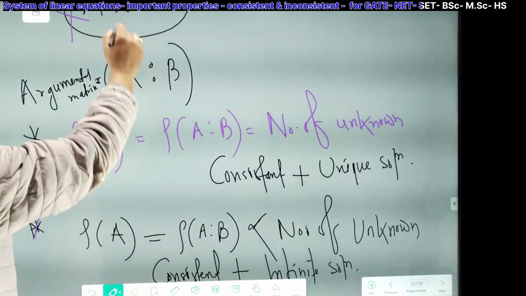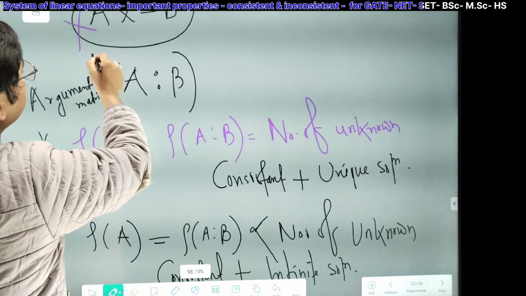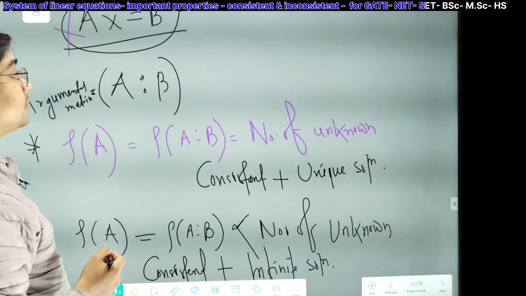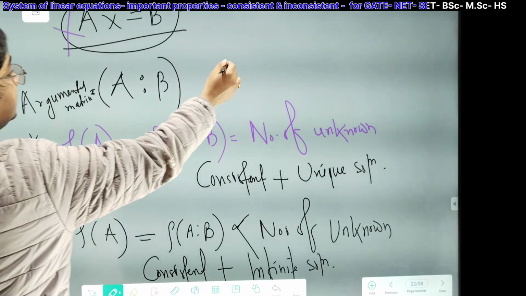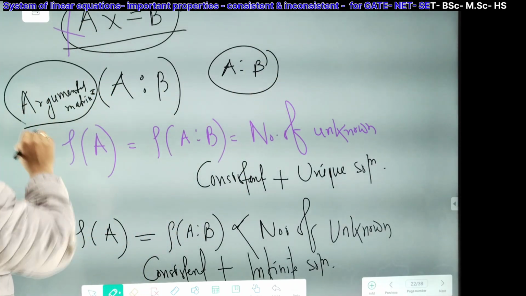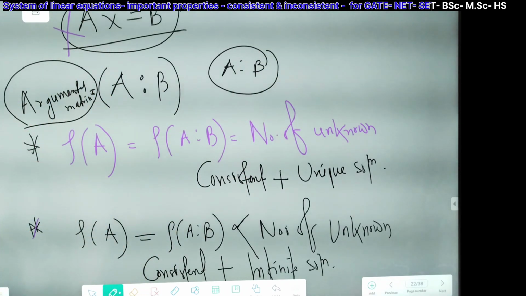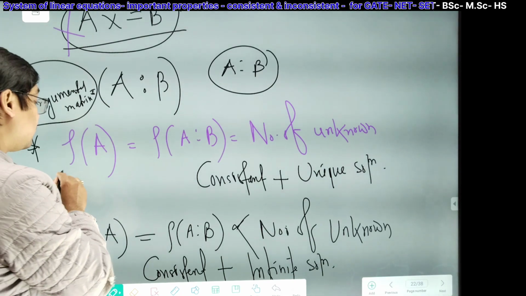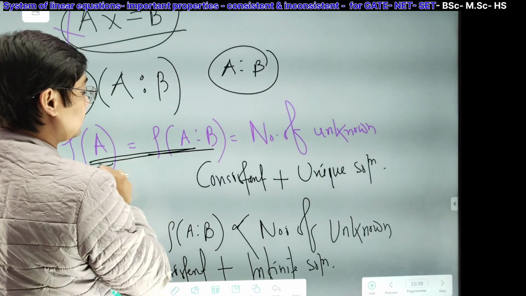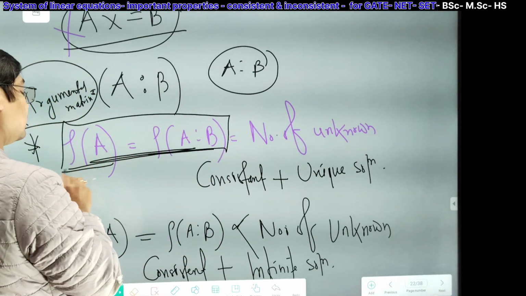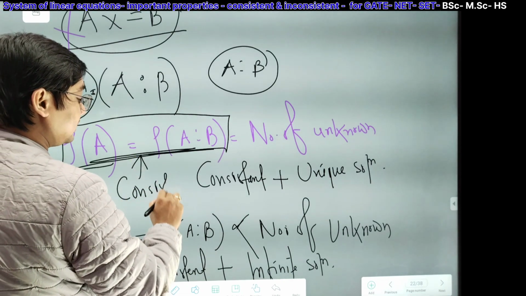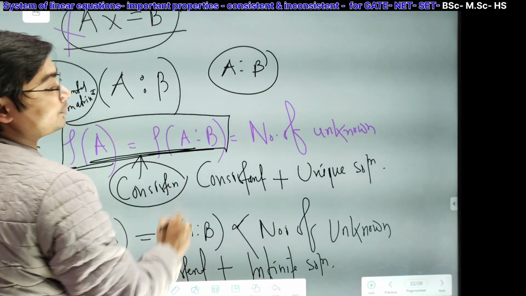Suppose AX equals B is our system of linear equations, and then this matrix [A|B] is called the augmented matrix. Already we discussed this thing. Now if the rank of A and the rank of this augmented matrix are equal, then the system will be consistent. You remember this thing.